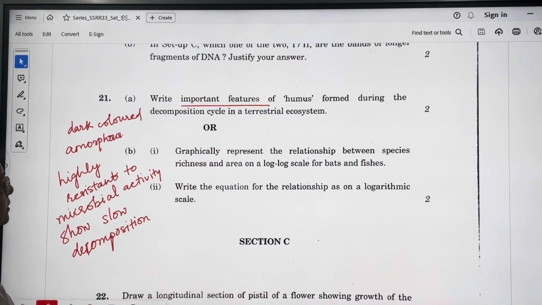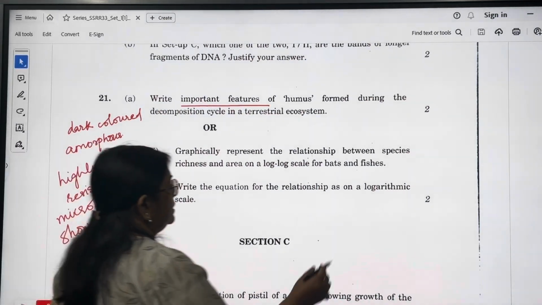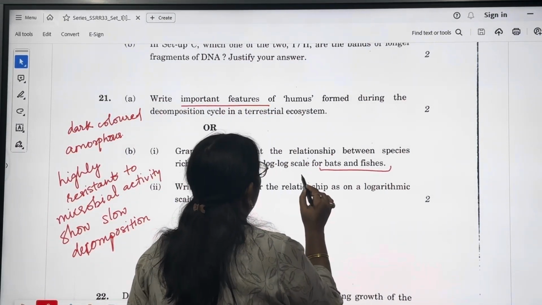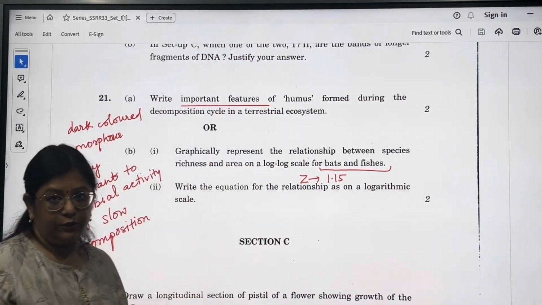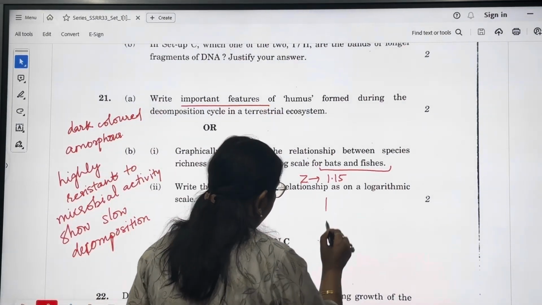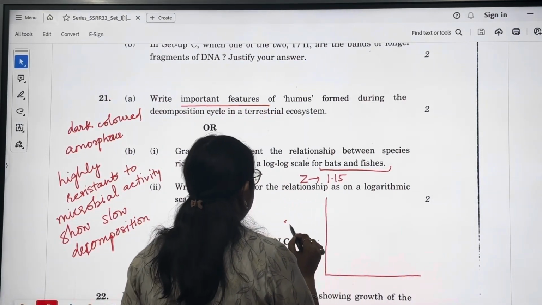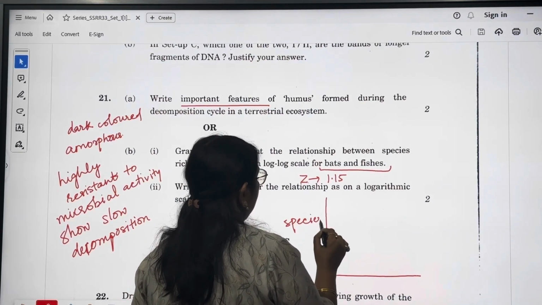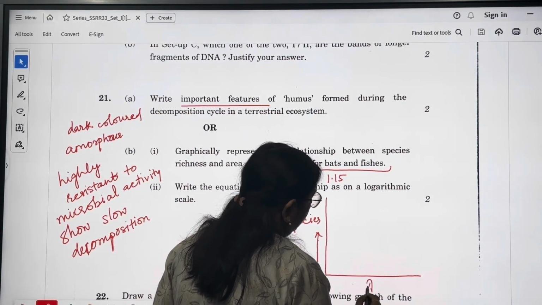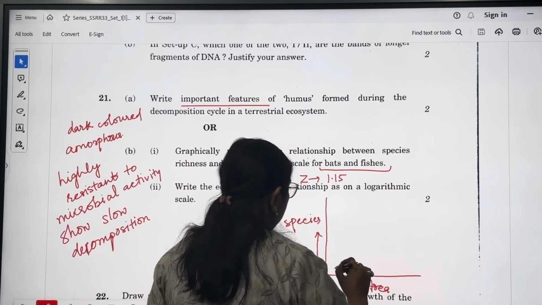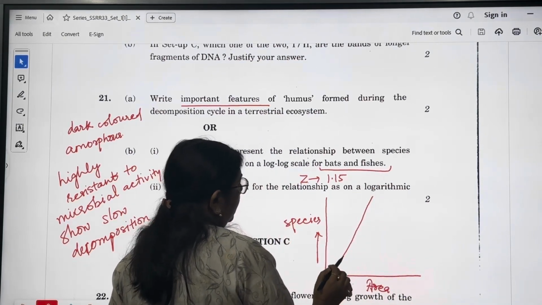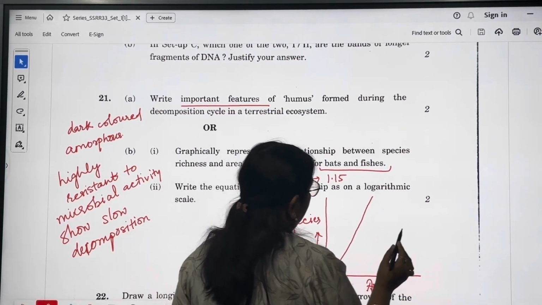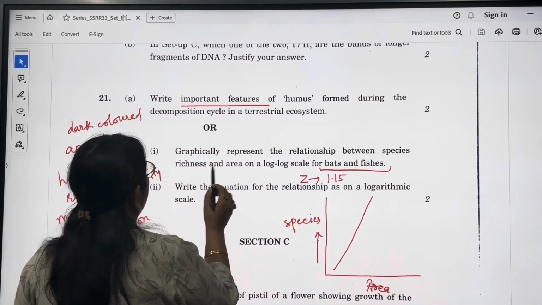Graphically represent the relationship between species richness and area on a log-log scale for bats and fishes. For bats and fishes, the value of Z should be 1.15. It means the slope should be highly steep. Species and here area. So, to show the value of Z here 1.15, you have to draw the slope like this, and this is the graph.